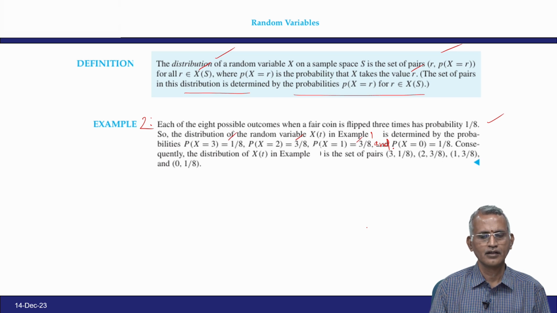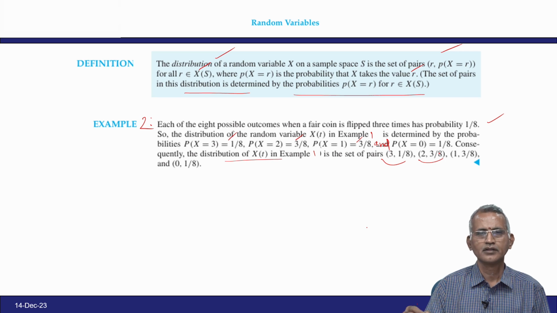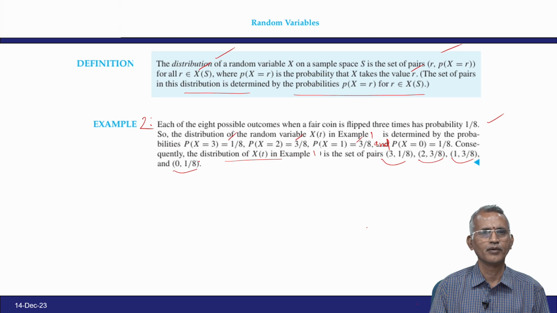Consequently, the distribution of X(t) in example 1 is the set of pairs: (3, 1/8), then 2 heads corresponding to 3/8, 1 head corresponding to 3/8, and 0 heads corresponding to 1/8 as the probability.